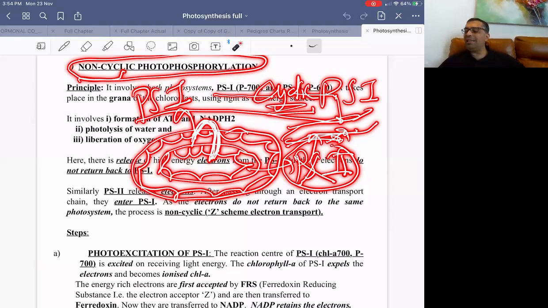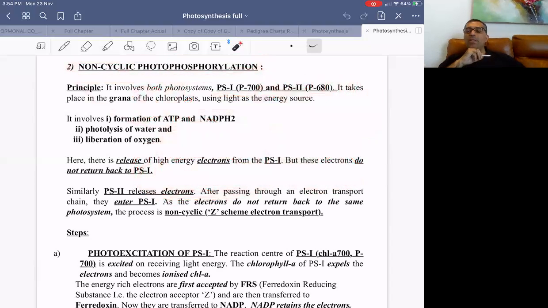And in the thylakoid, on the outer membrane PS1, on the inner membrane PS2, उनके बीच में होता है non-cyclic photophosphorylation. चलो, let's see what happens.